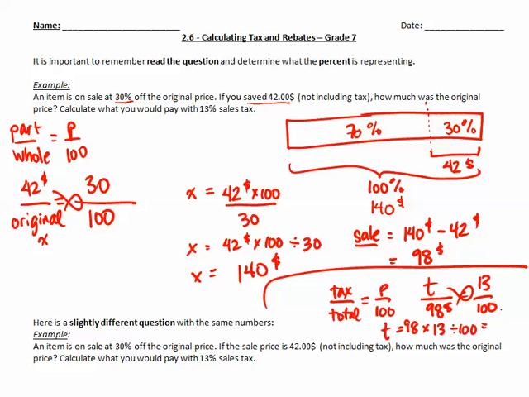And my tax on $98 is $12.74. That means my total price, I'm running out of a little bit of room here, is equal to $98 plus the $12.74 tax, and that gives me the answer $110.74.